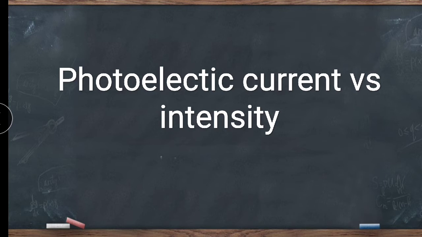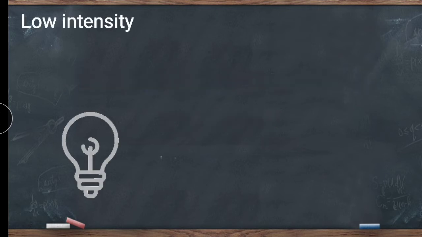Photoelectric current versus intensity. So now we are going to learn this relation with the help of one observation of the bulb. Right now friends, you can see over here there is one bulb.